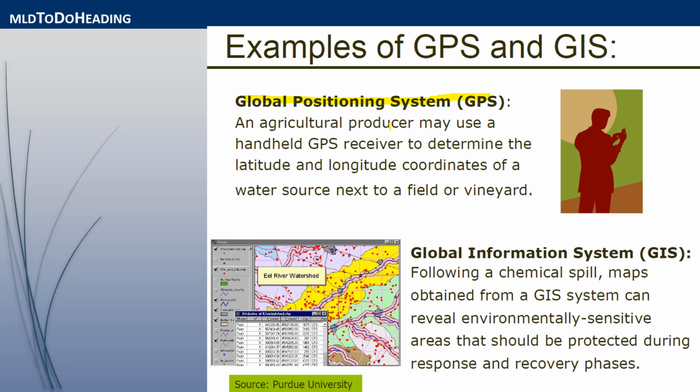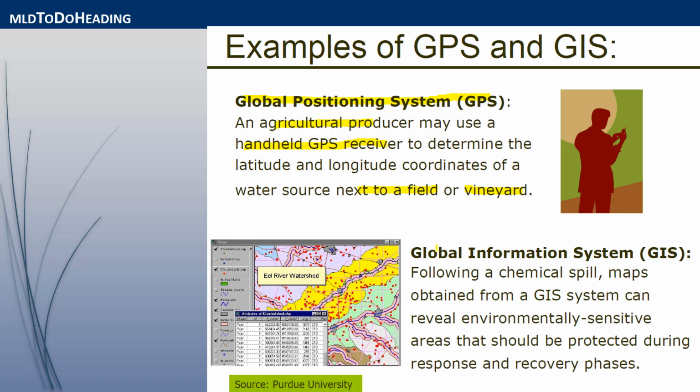In the case of GPS, an agriculture producer can use a handheld GPS receiver to determine the location in a particular field or vineyard.